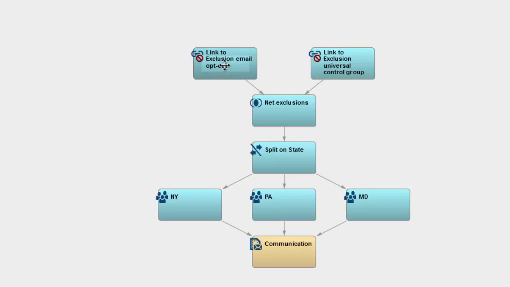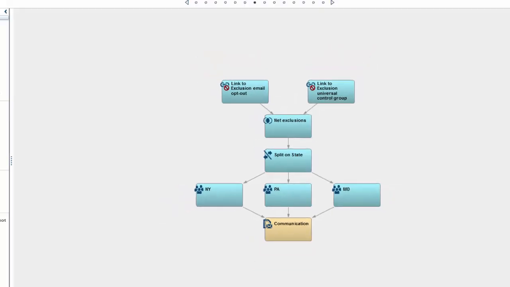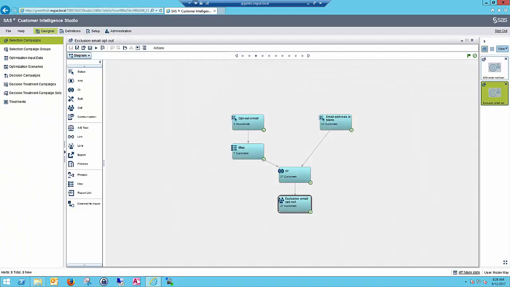So the first step in this is we're going to exclude email opt-outs. And this is actually called a link because this file or this list is maintained on a scheduled basis every night. To build that, we have a separate selection that looks like this.